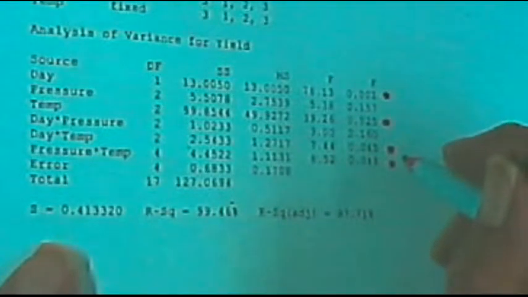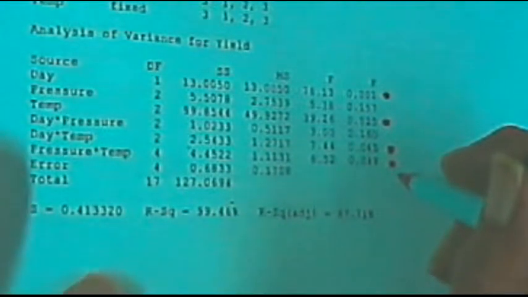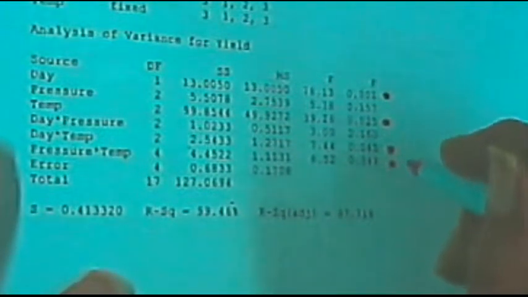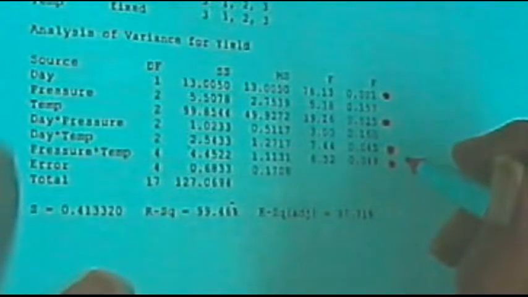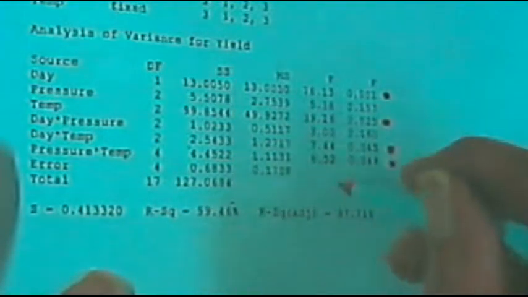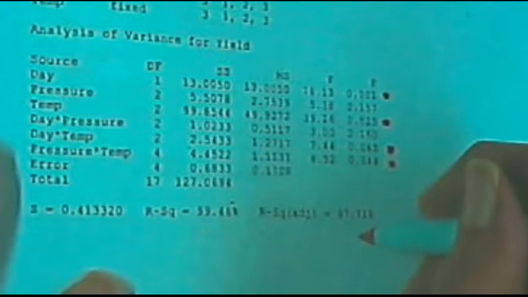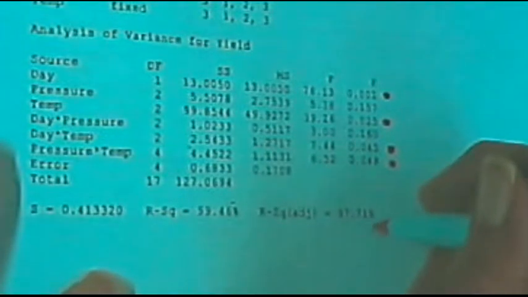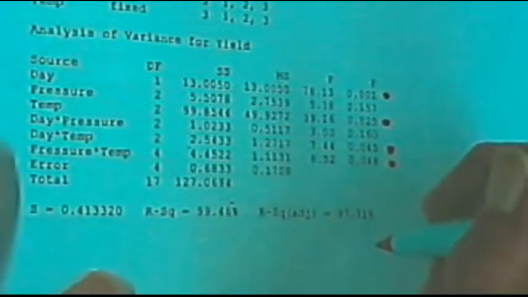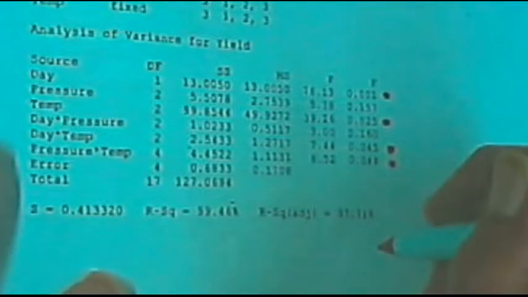Now, I haven't emphasized this point to this class enough, I don't believe. But when you have all these possible F-tests to run, you should test the interactions first. If you find significant interactions, do not go on and test main effects because they don't mean anything.